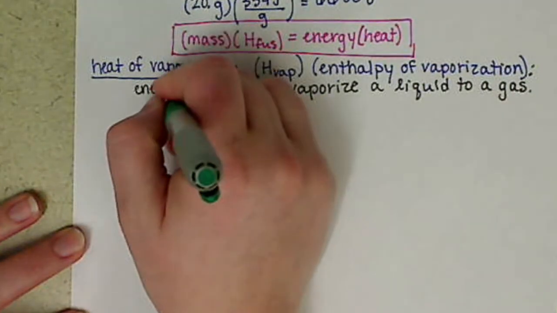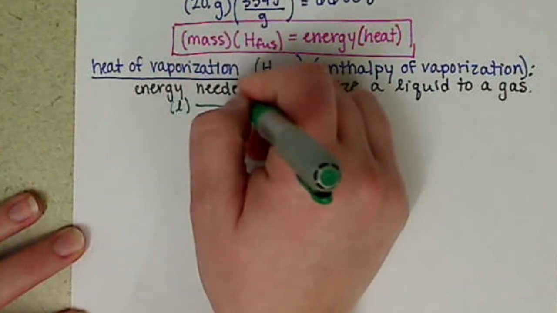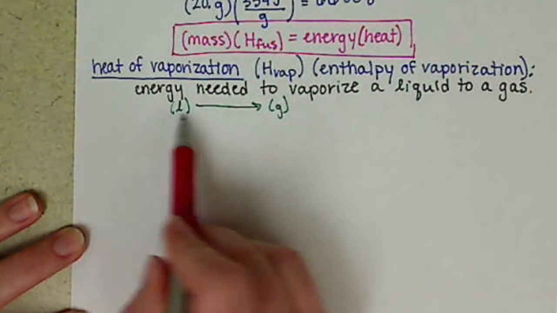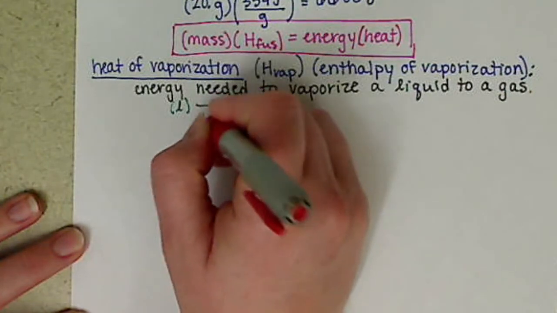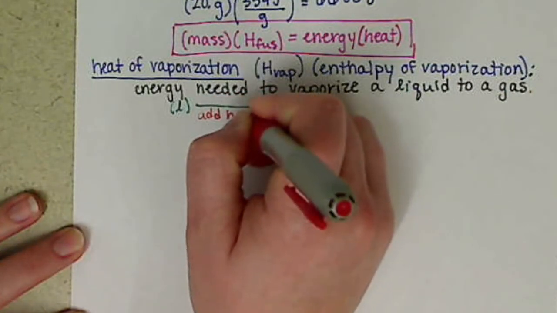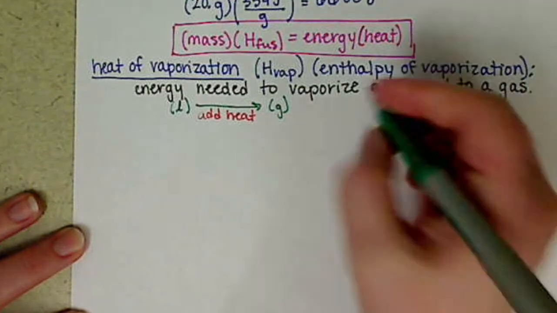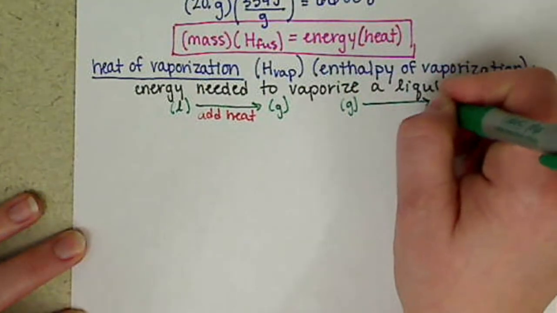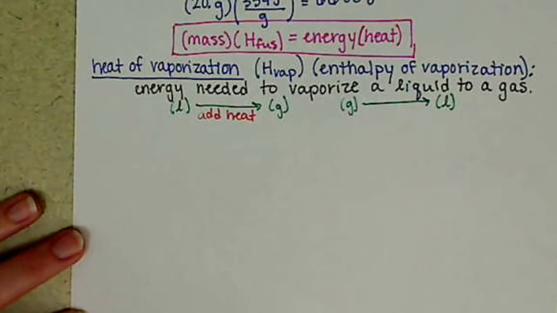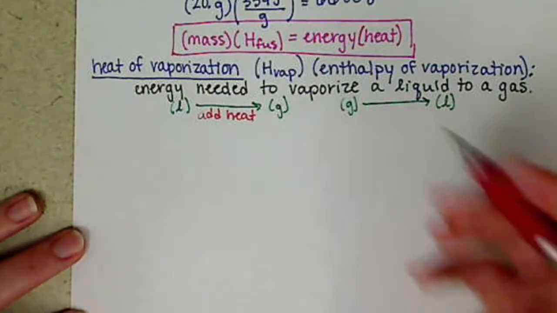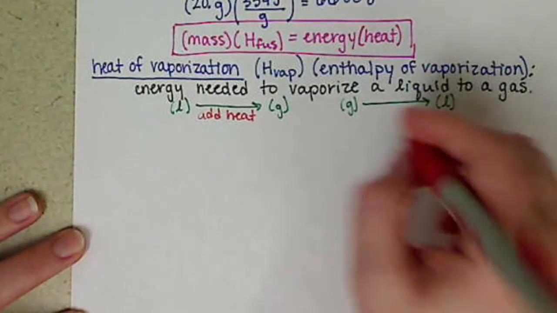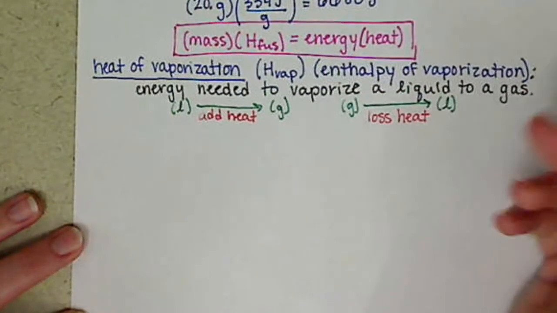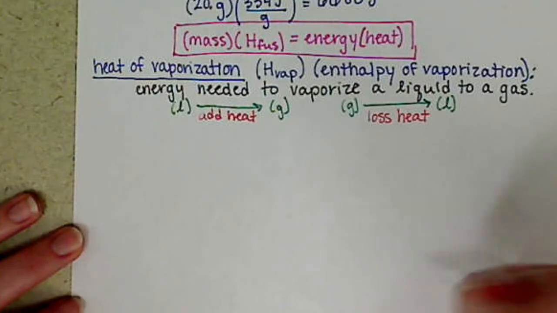So now we're going from a liquid to a gas. In order to make that transition, we're going to have to add heat or add energy. If we go in the opposite direction, remember the numerical value is the same. So the amount of heat involved is the same. It's just that when we go from a gas to a liquid, this is going to be a loss of heat. So this is how much heat is being given off.